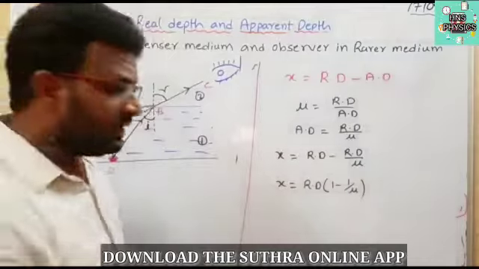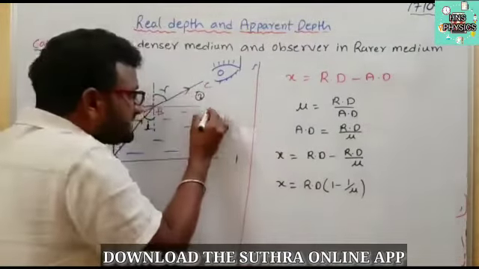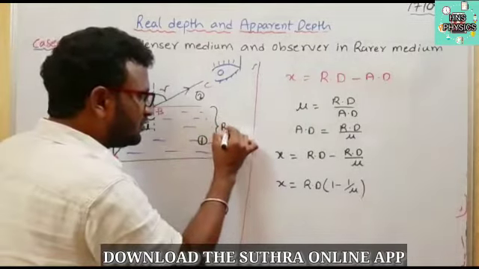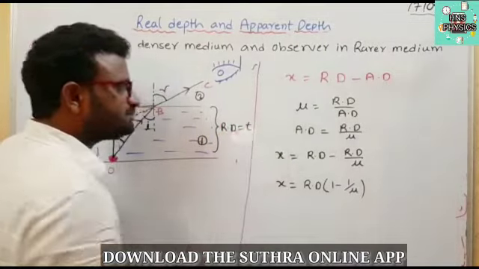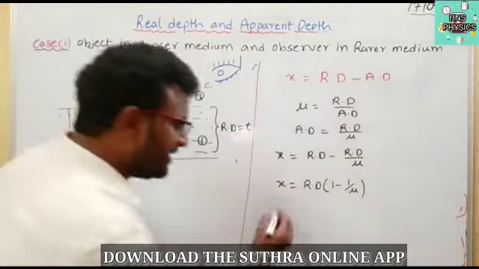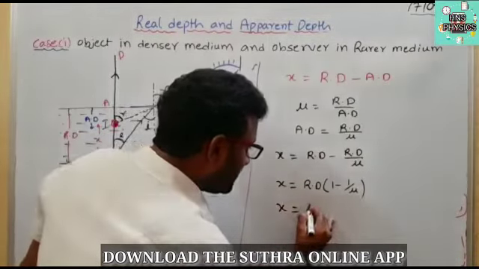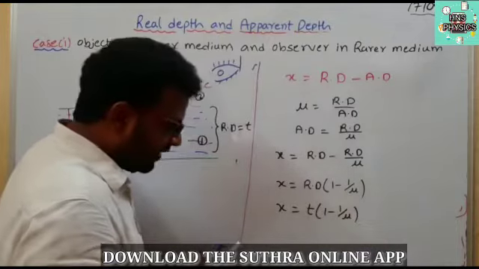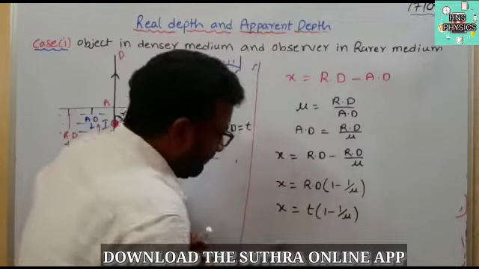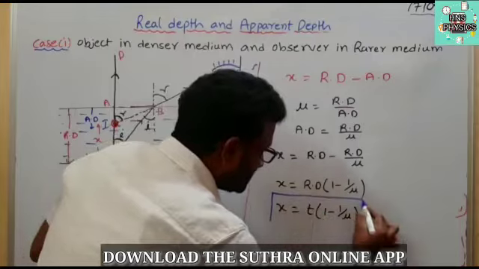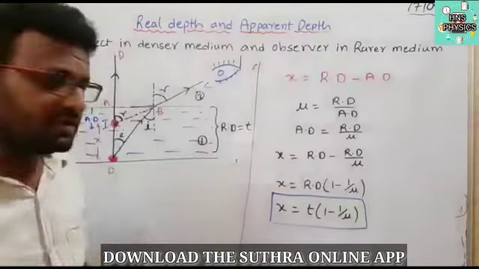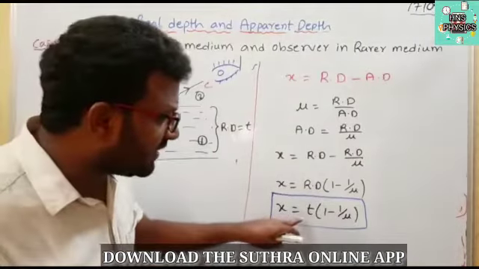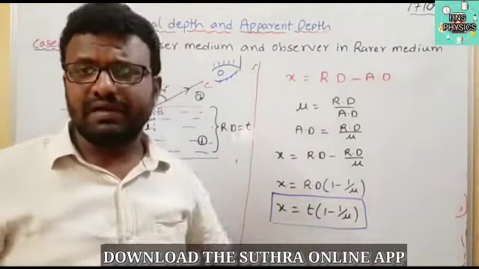If I take the real depth thickness as T, then you will get T into 1 minus 1 by mu. So this is the formula for apparent shift, where X is nothing but the apparent shift. That formula is T into 1 minus 1 by mu.